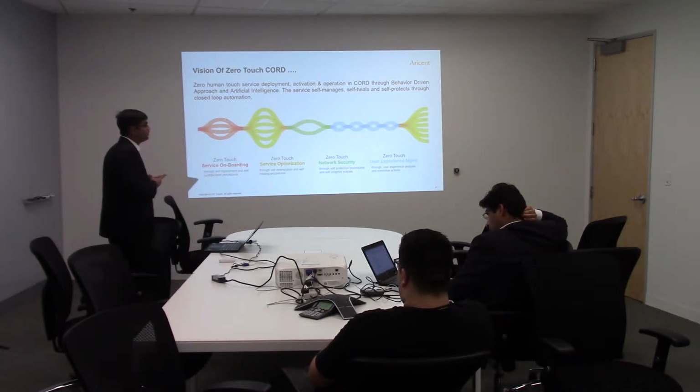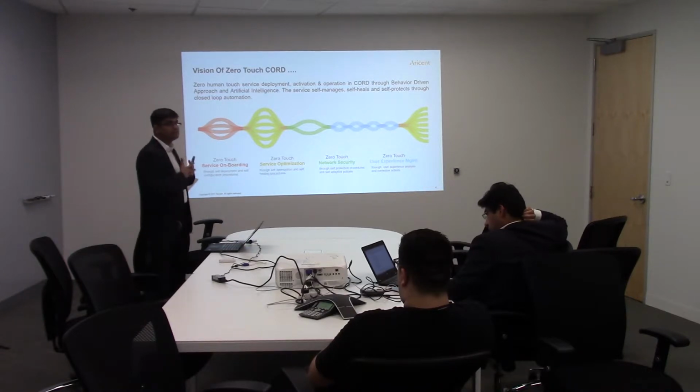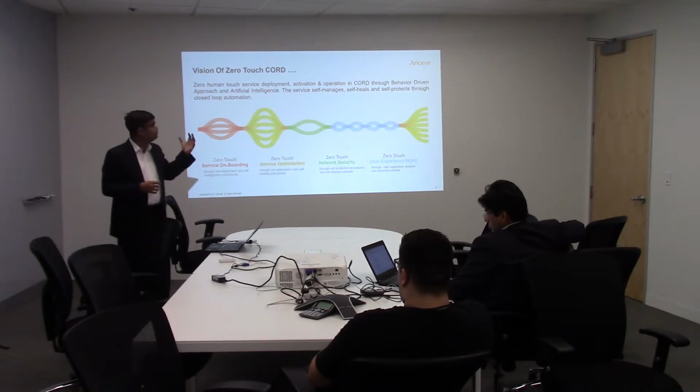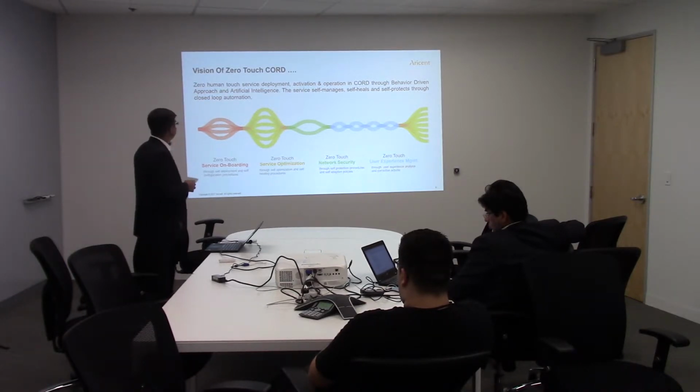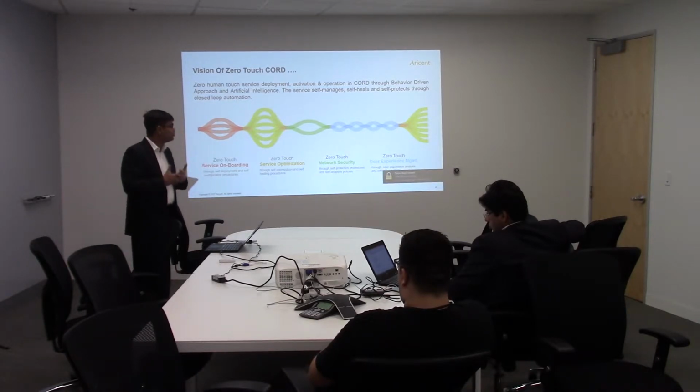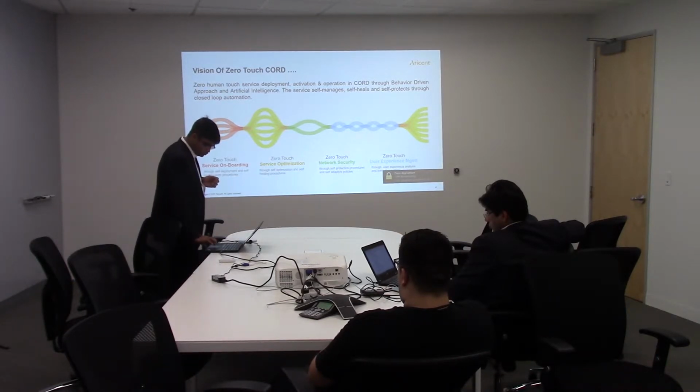Can I do it without a human intervention? This is the vision that we are carrying for Quad using zero touch automation. So things like behavior-driven automation and artificial intelligence are pouring in to help us fulfill this cause.